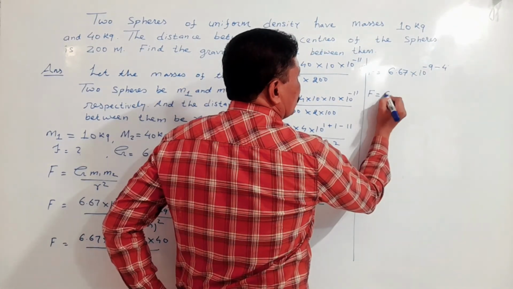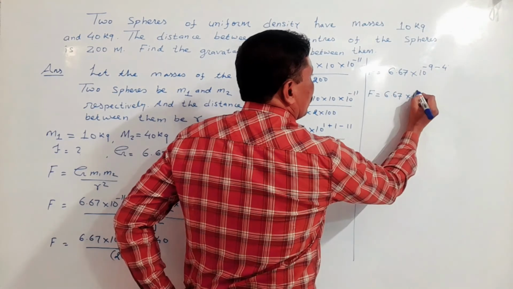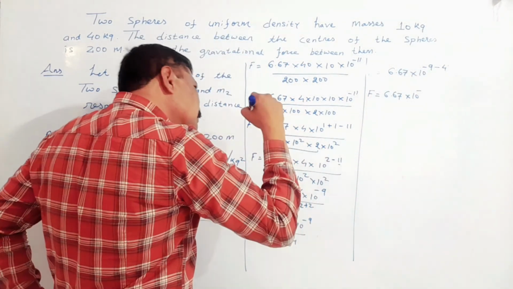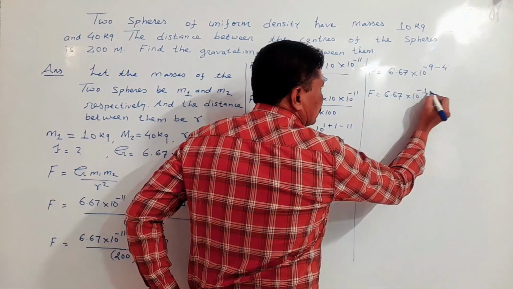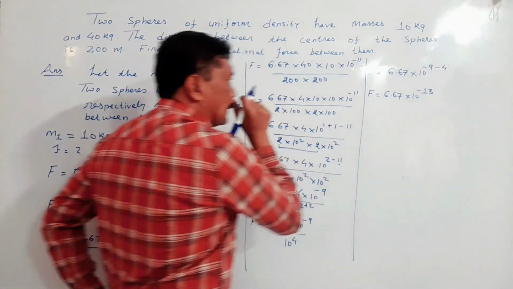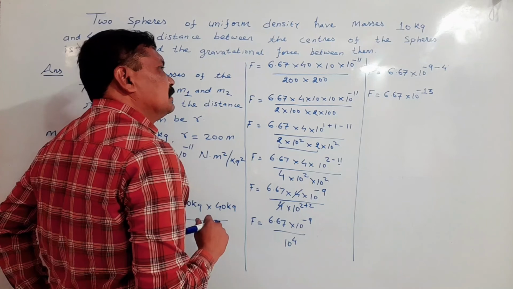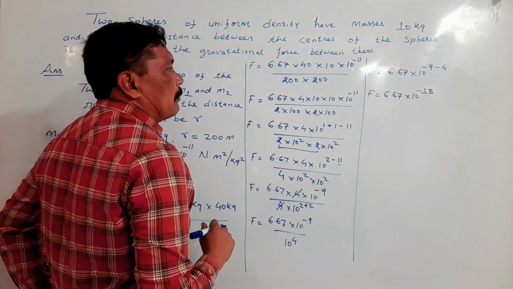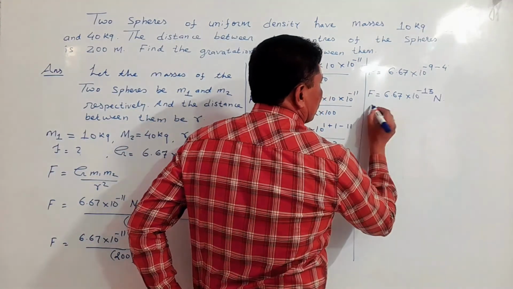F is equal to 6.67 into 10 to the power minus, plus sign minus, 9 plus 4 is 13, but the sign will be minus, so minus 13. So force is equal to 6.67 into 10 to the power minus 13, and the unit of force is Newton.